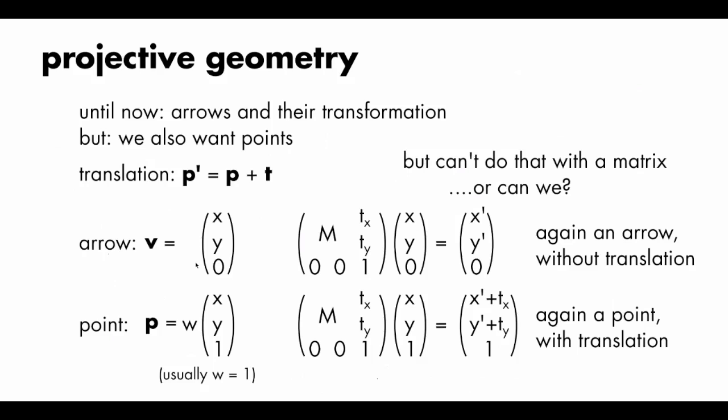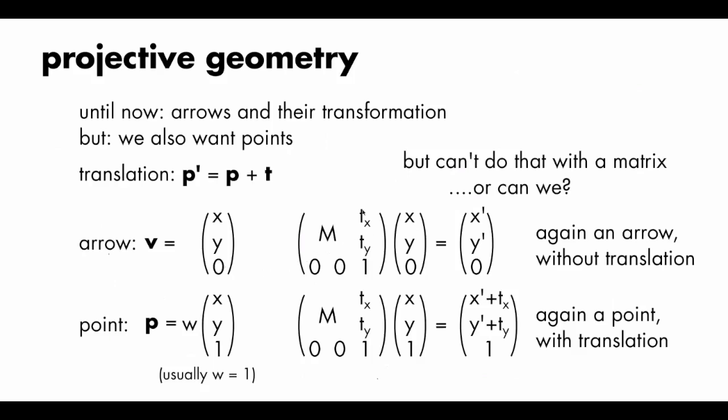Okay, so we go one dimension up. We add a dimension to the vectors. And this will actually allow us to express some additional stuff. So let's take the first case. We just add a 0 in the last dimension.